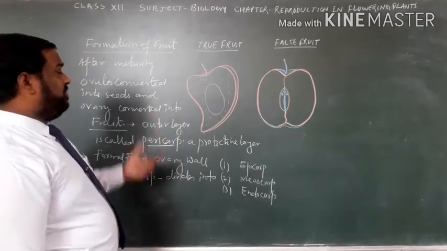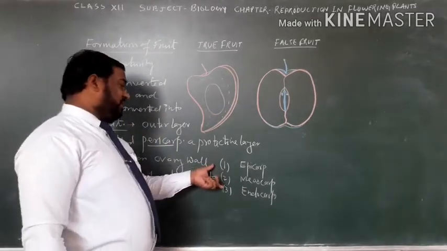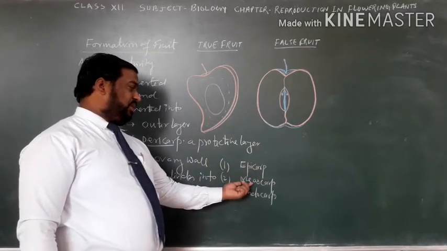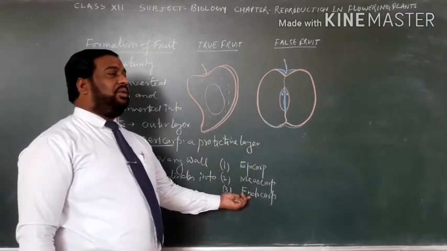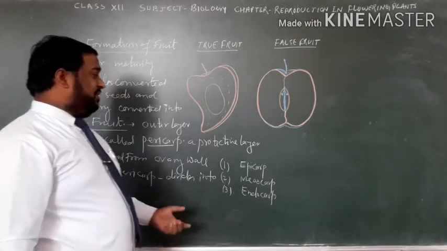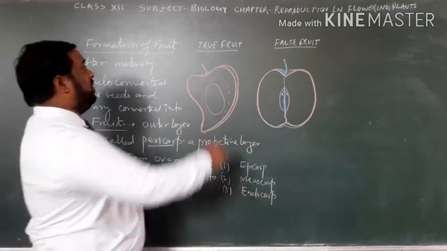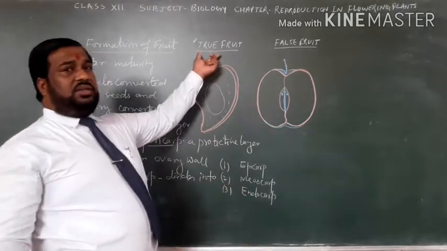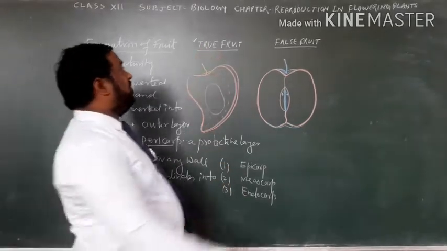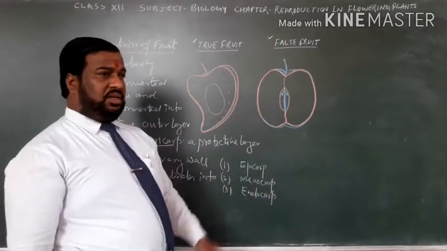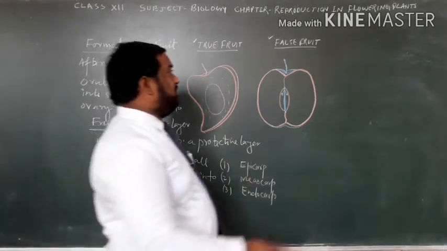Student, these are the fruit wall: epicarp, mesocarp, and endocarp. Later, there are two kinds of fruit. One is true fruit, another is false fruit.